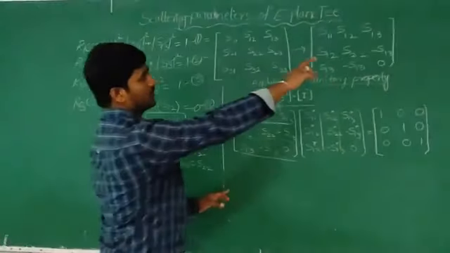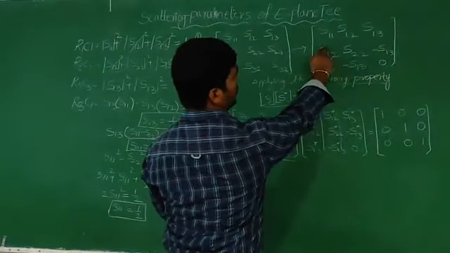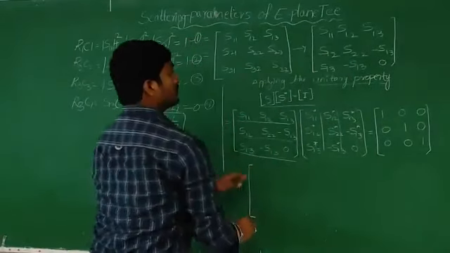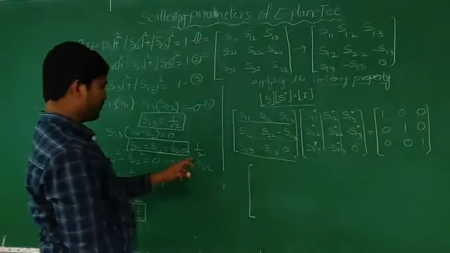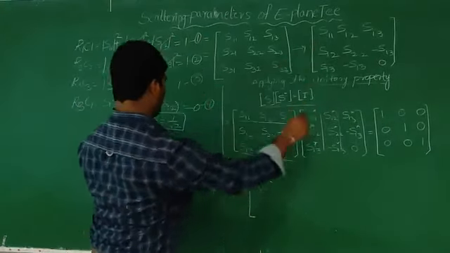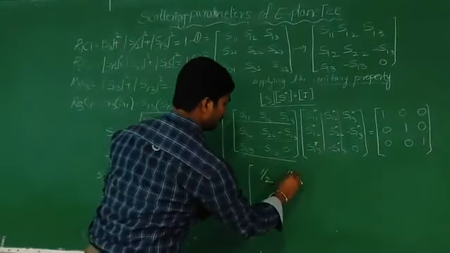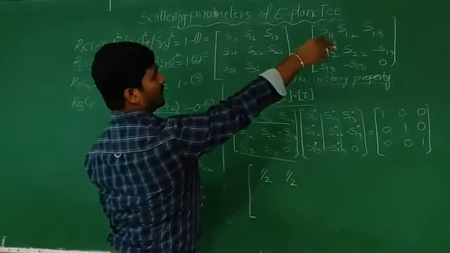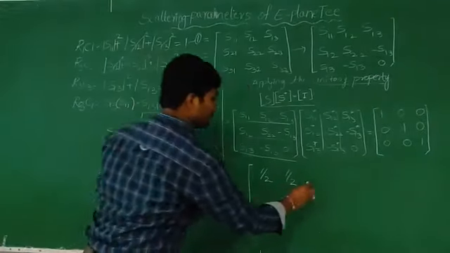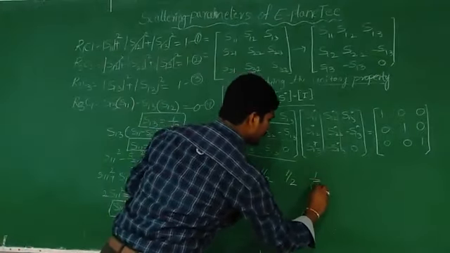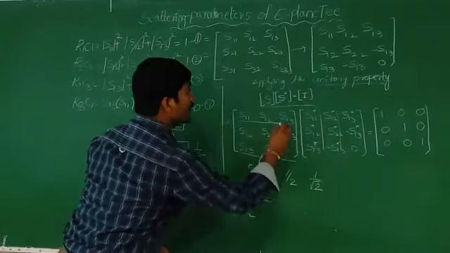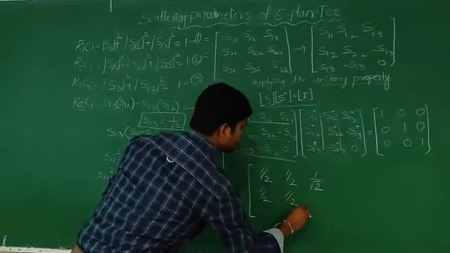We got all values. We are going to substitute values in the S matrix. The S11 value is 1 by 2. S12 value is 1 by 2. S13 equals to 1 by root 2. S12 is equals to 1 by 2. S22 is equal to 1 by 2.